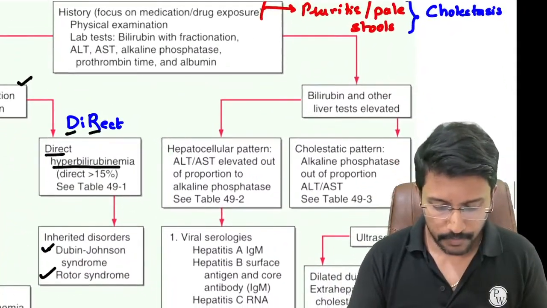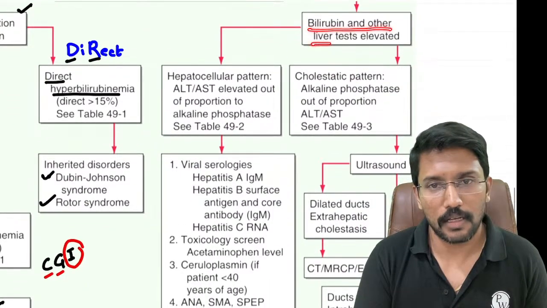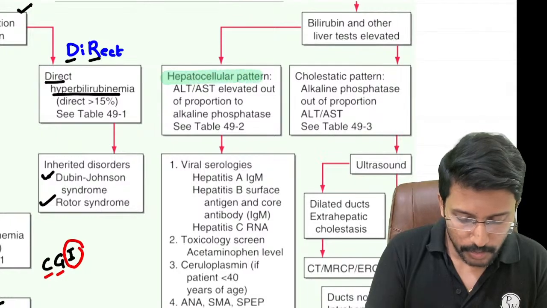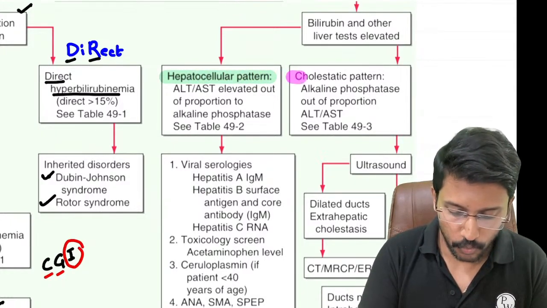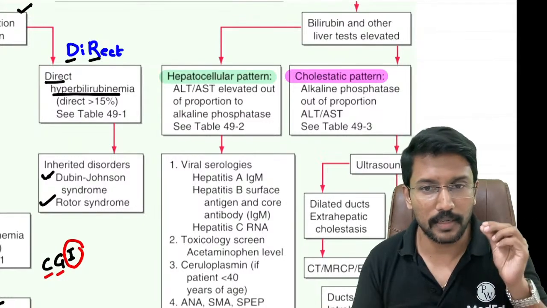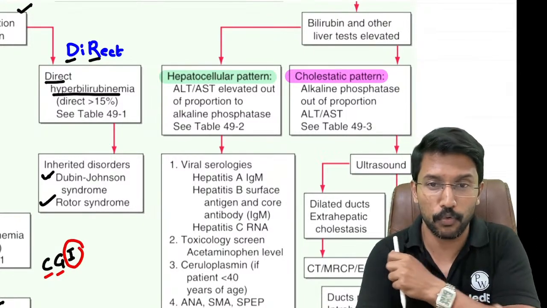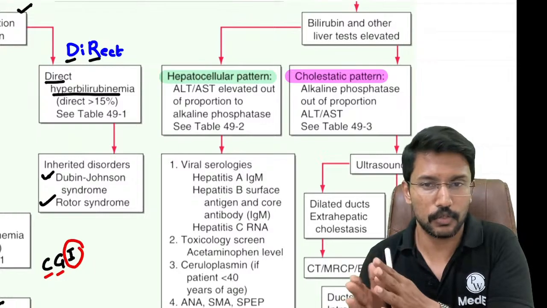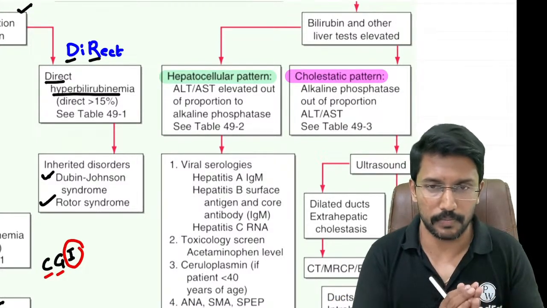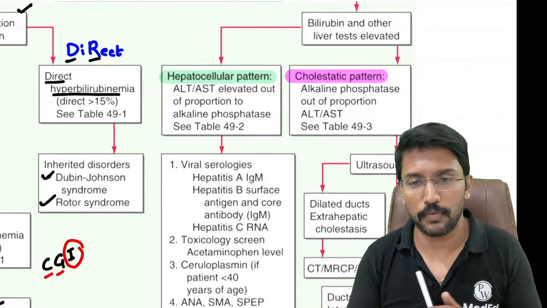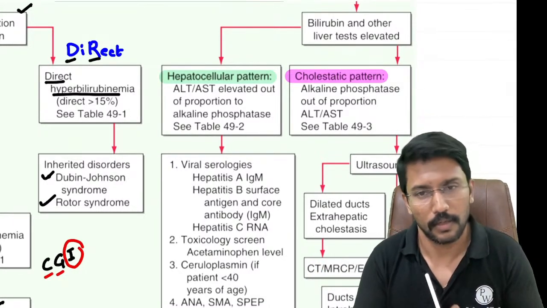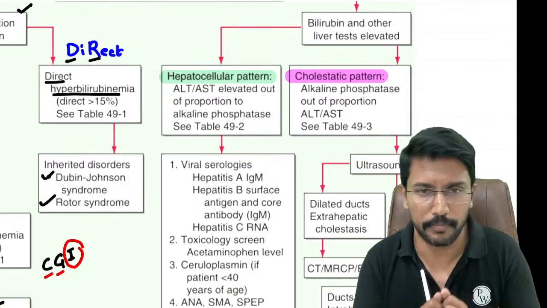What Harrison says is, if bilirubin and other liver tests are also elevated, then we have to categorize it into hepatocellular pattern of liver injury and cholestatic pattern of liver injury. From the history, you might have already suspected the cholestatic pattern when patient is having pruritus, right? And pale stool. You may be thinking that this is cholestatic pattern, but that's not very reliable. The patient's history is also not very reliable, and the assertion of pale stool is also not very reliable. So that is why we are finally relying on the LFT report.